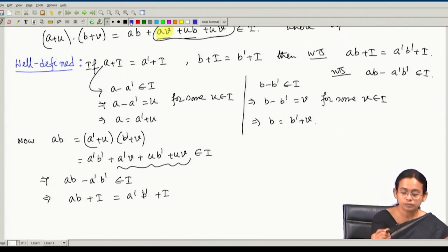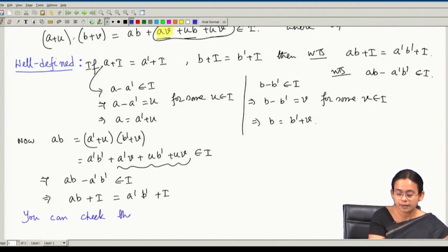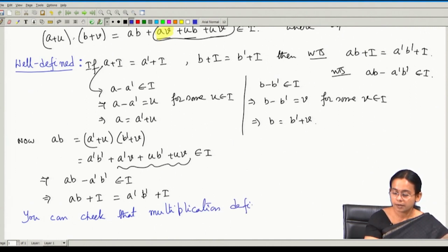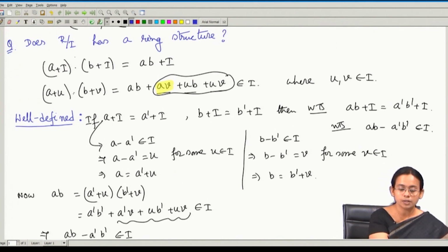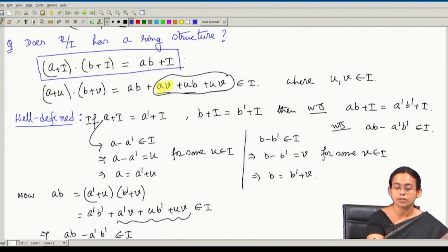So, you can check that the multiplication defined in this equation, where I have defined the multiplication, let me denote this by star.